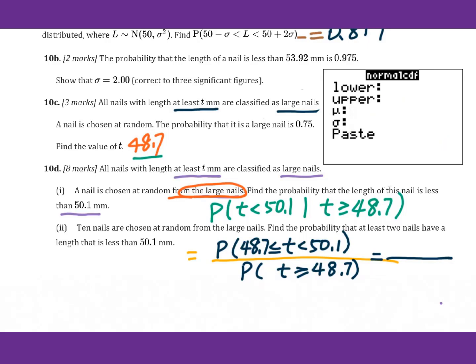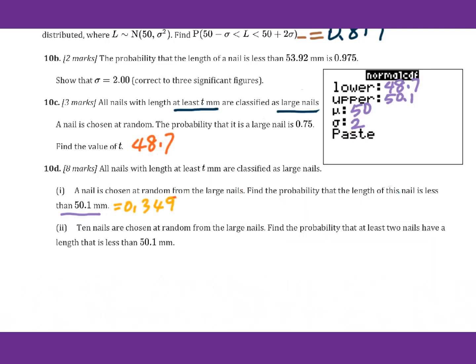Lower is 48.7, upper will be 50.1, then the mean is 50, and the standard deviation is 2. We put it into the graphing calculator and you will get 0.26209. Then divide by 0.75. So you get 0.349. Let's go to the last question.